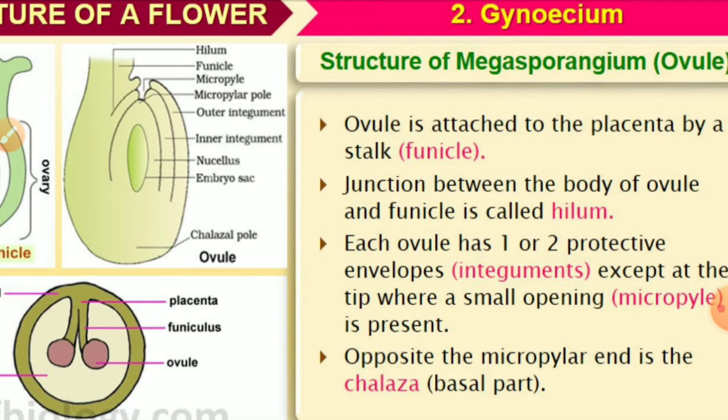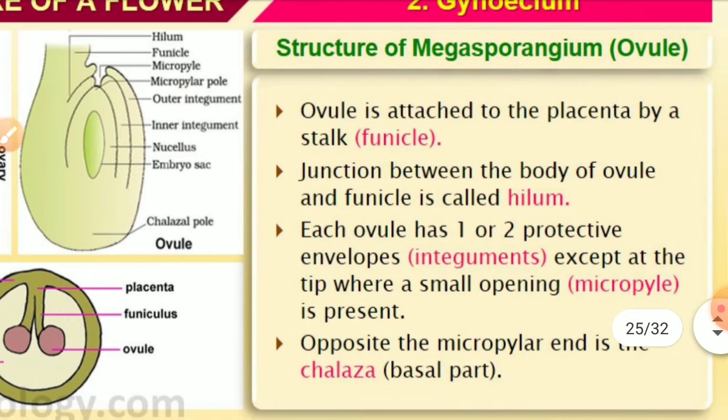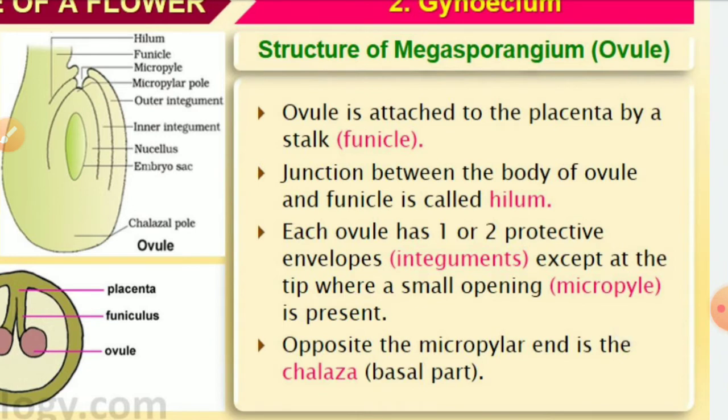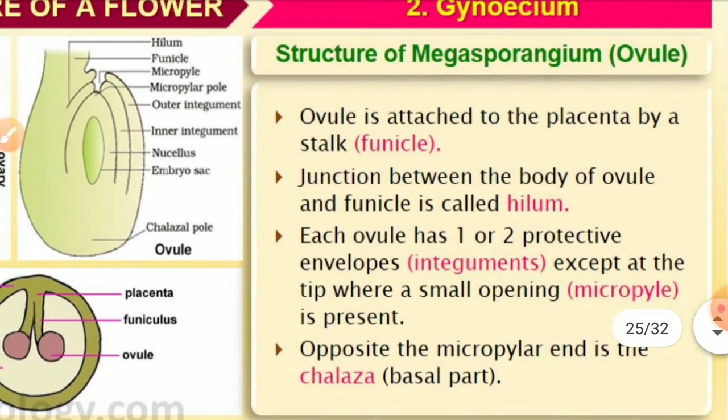Each ovule has one or two protective envelopes, known as integuments, the covering layers. These integuments are absent at one place, which is known as the micropyle.